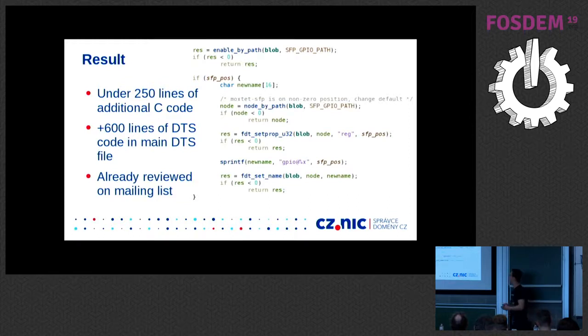The result from this was only under 250 lines of additional C code. I have a screenshot here. It looks, in my opinion, a lot nicer than the original 1,500 lines.